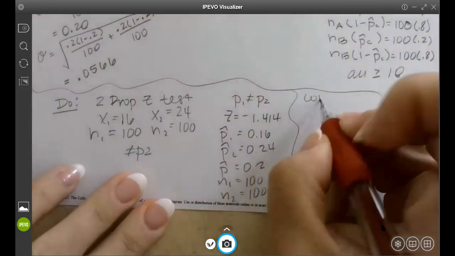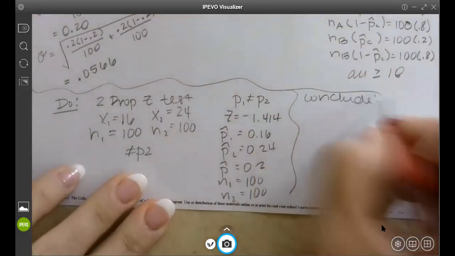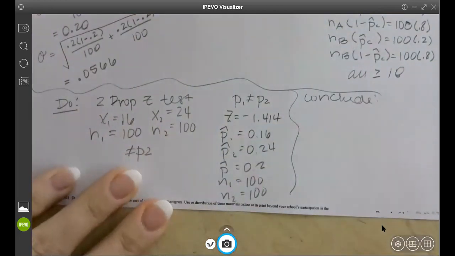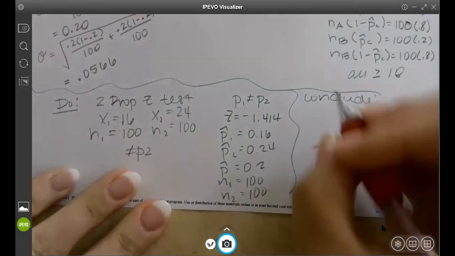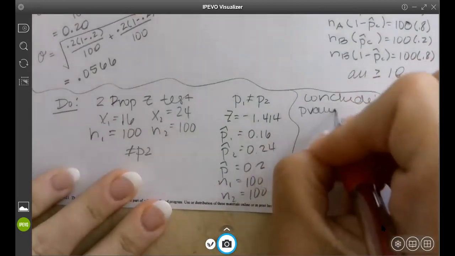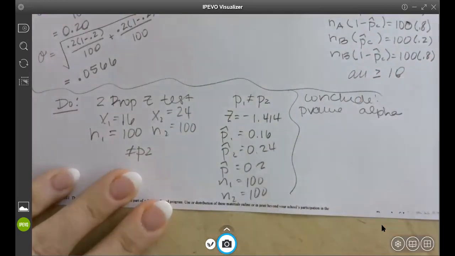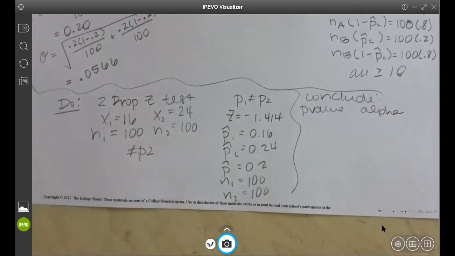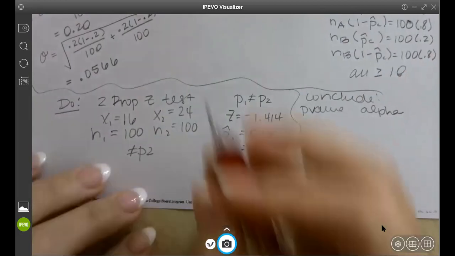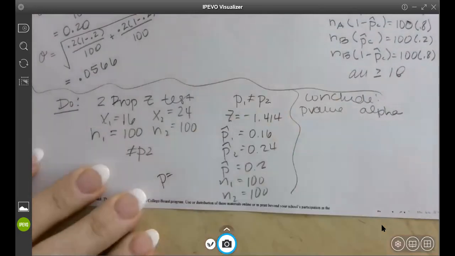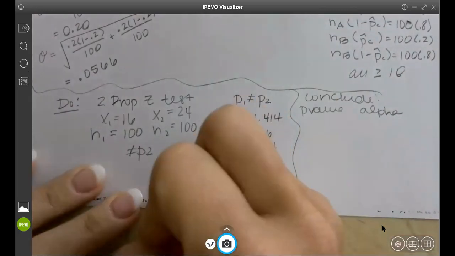How do we conclude? Okay, our p-value was, oh, I didn't write that one down, did I? 0.157.